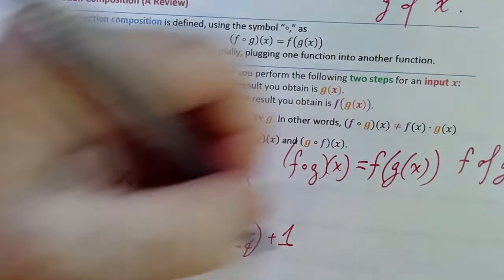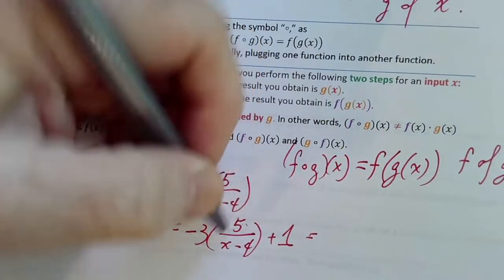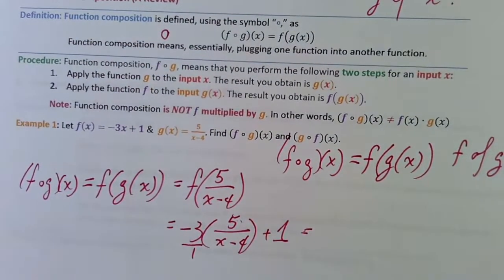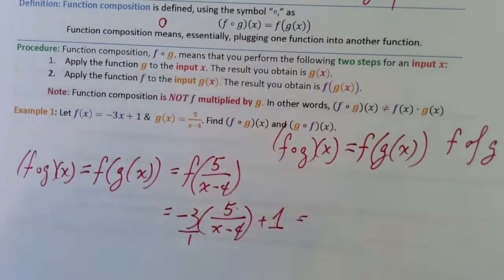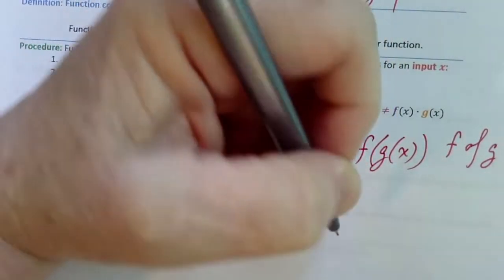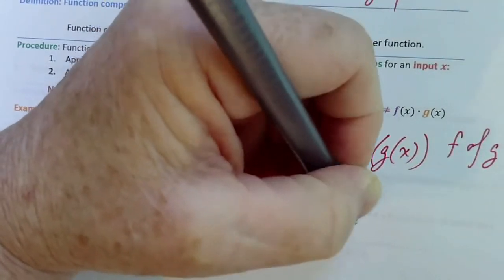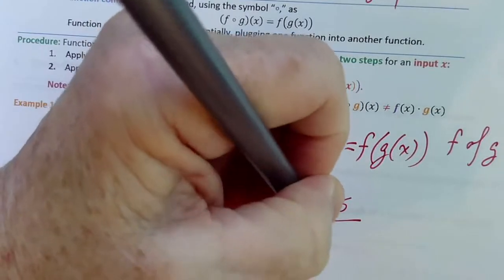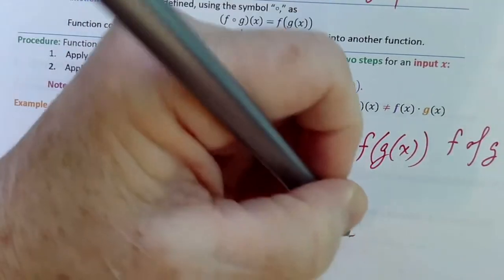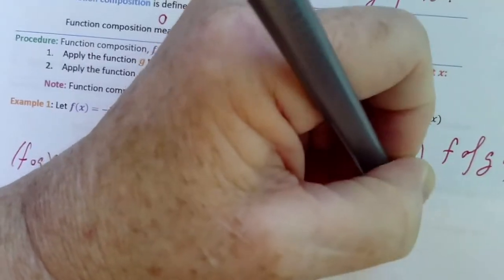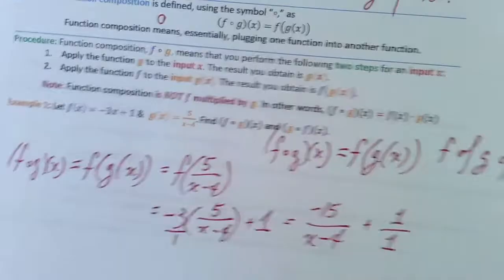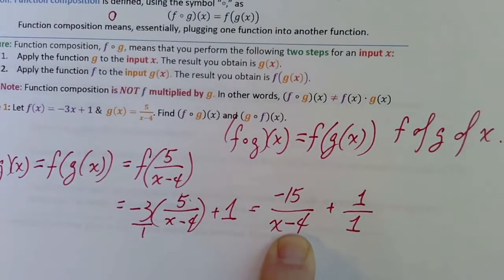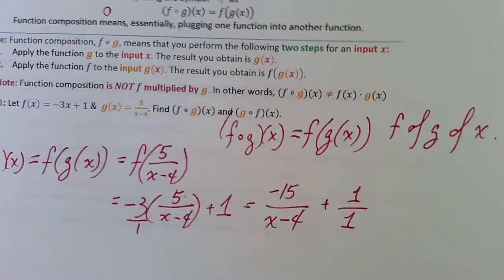So now I'm going to write this negative 3 as negative 3 over 1 so that I can more easily multiply. In the numerator, I have negative 15x, negative 15, and in the denominator, x minus 4. And then, again, because I've got a fraction in the first term, I'm going to write the second term as a fraction.